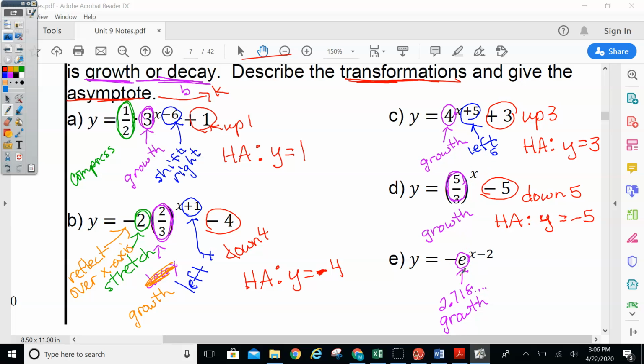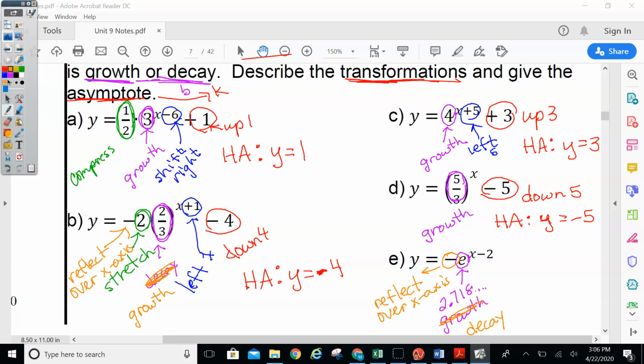Okay, so for this one, remember the negative in the front makes the graph reflect over the X, which in turn changes this to a decay. So again, be careful with those negatives.